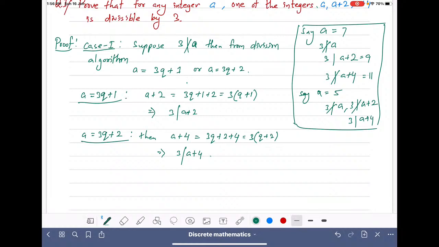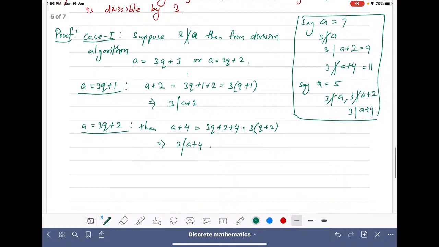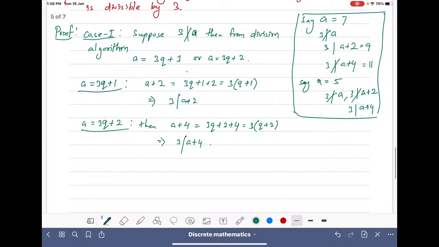So in either case, one of the other two is divisible by 3 when a is not divisible by 3. So when a is not divisible by 3, either a plus 2 is divisible by 3 or a plus 4 is divisible by 3.